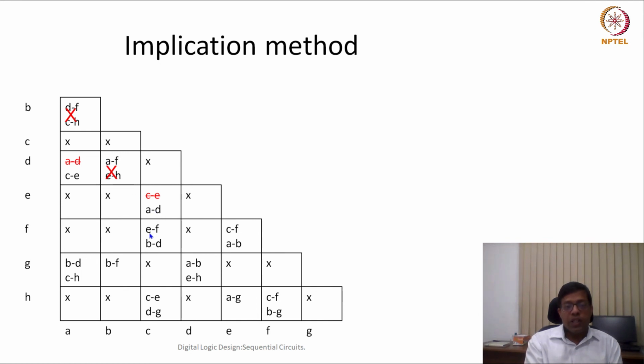Now let's look at E, F, B, D. For E and F, we don't know. Can we say anything about B and D? Yes, B and D are not same, that we have identified, so we have to mark this also as a cross. But let's do that in the second iteration.